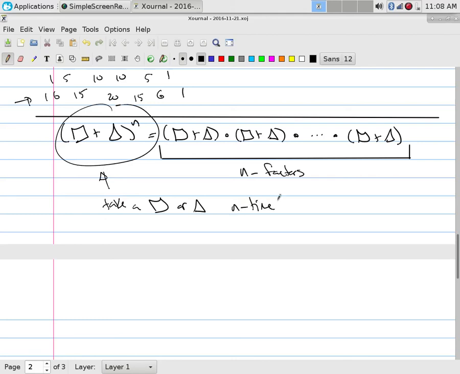Is everybody okay with that? But if you did do that, how many objects would you end up with on the other side? I'd have n of them, right? If I actually did it, I would have n objects.